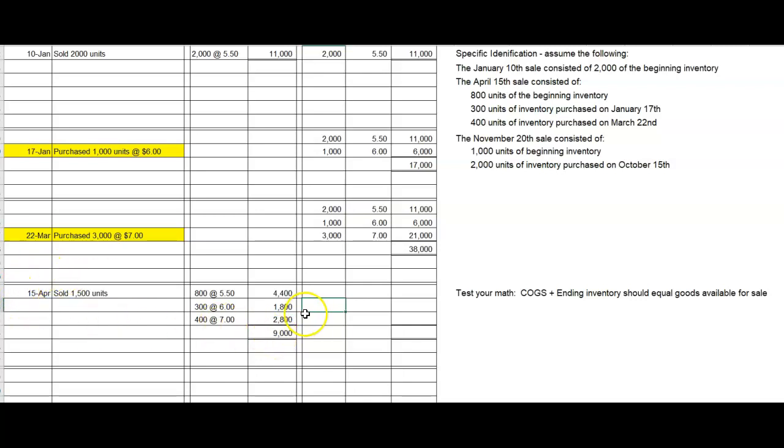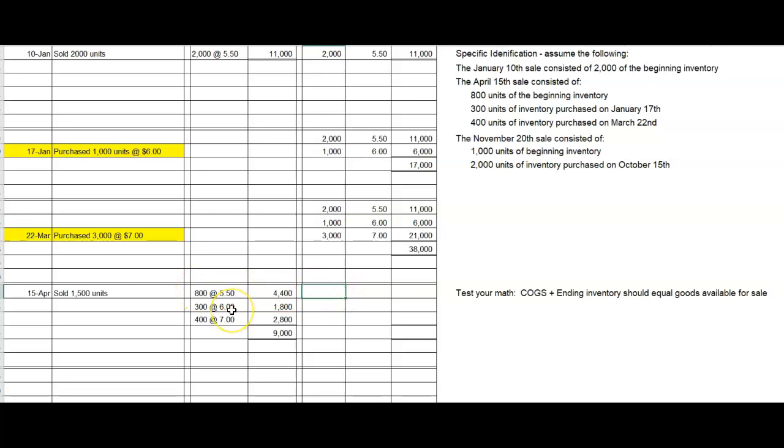sale. Now we need to figure out how many items we did not sell and calculate the cost of our ending inventory under specific identification. I'll get you started, then I'll let you finish it up. We had 2,000 units of beginning inventory available. We sold 800 of them.